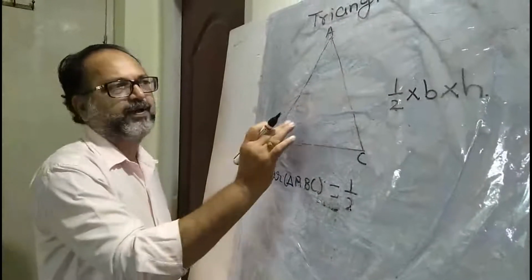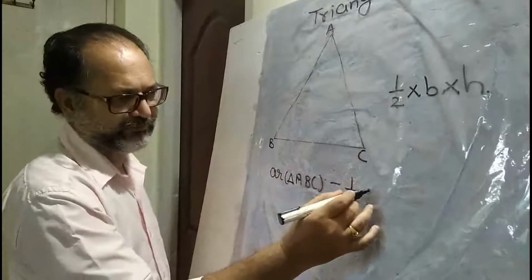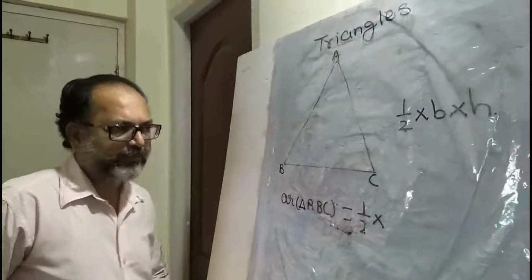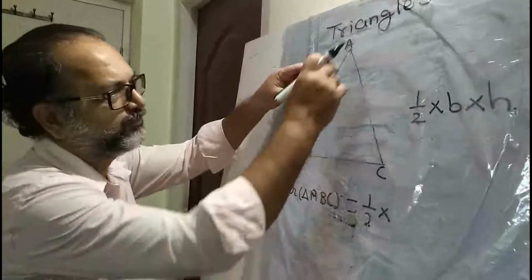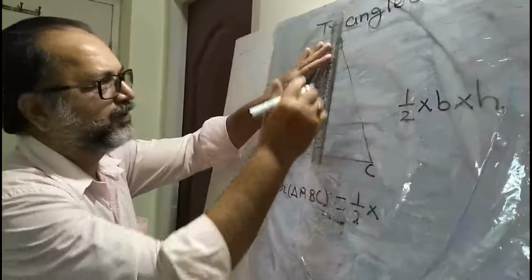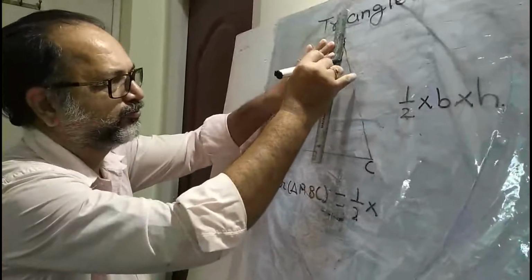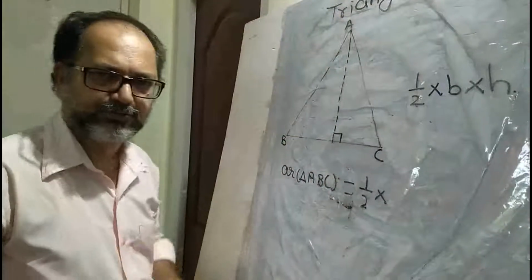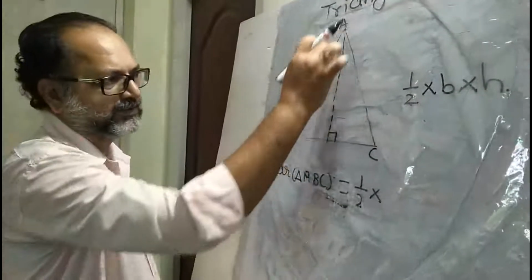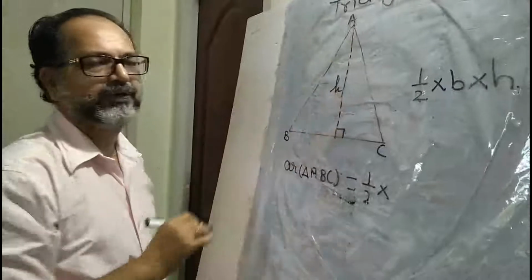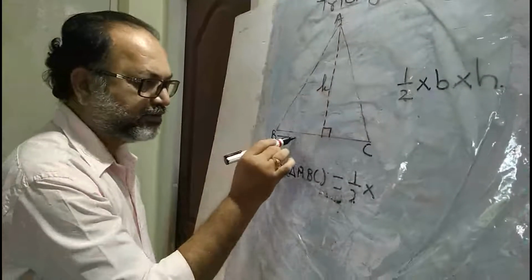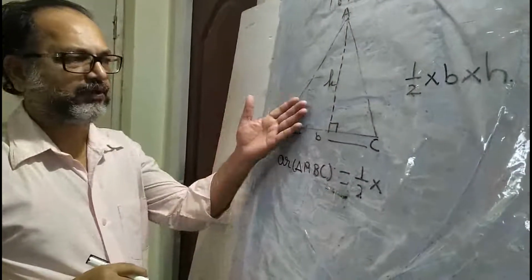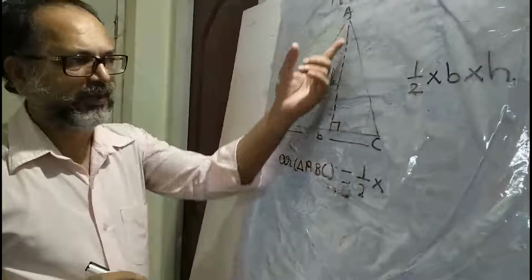So in this case, if I take BC as the base, then the height would be a perpendicular drawn from the opposite vertex to this base. Let me draw just to explain to you properly. If I draw a perpendicular to this base, then this length will be the height on this base. So area of this triangle is half this base multiplied by height.